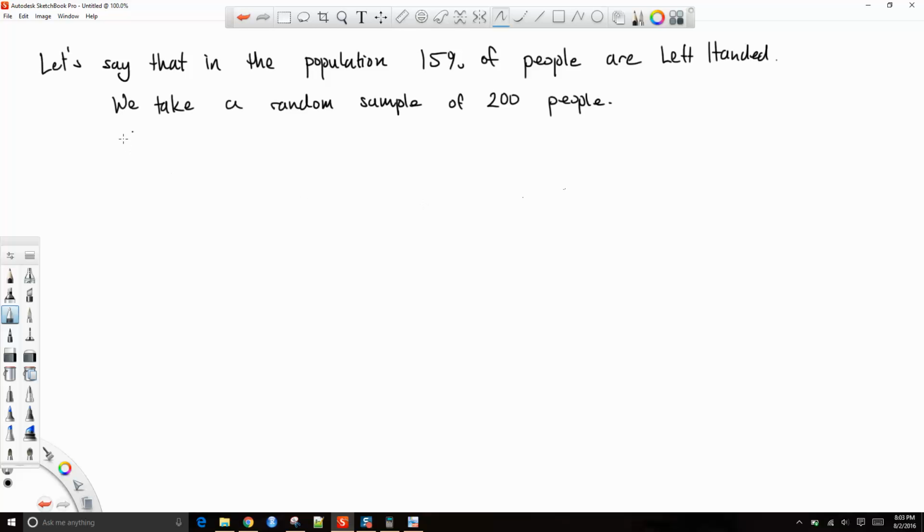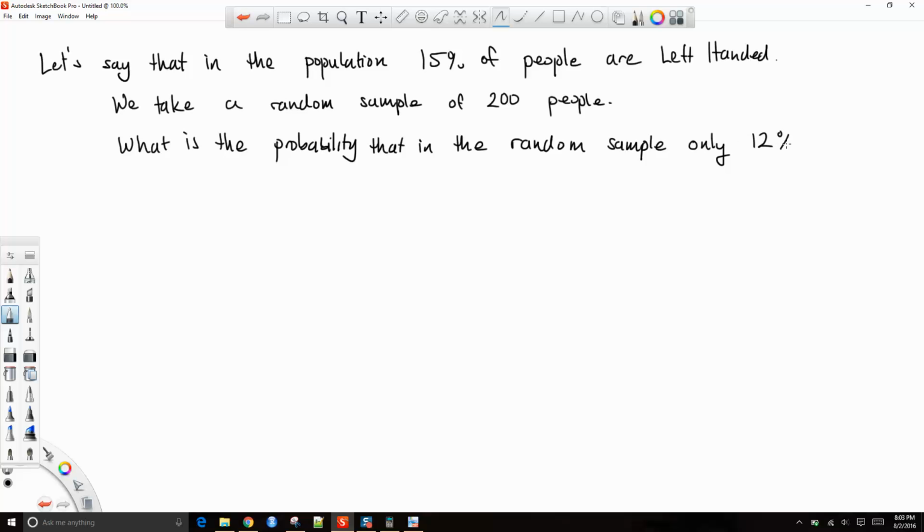What is the probability that in the random sample, only 12% or fewer of the people are left-handed?